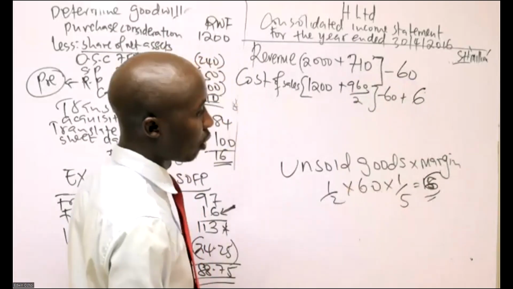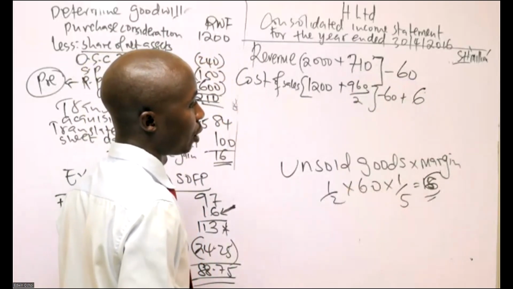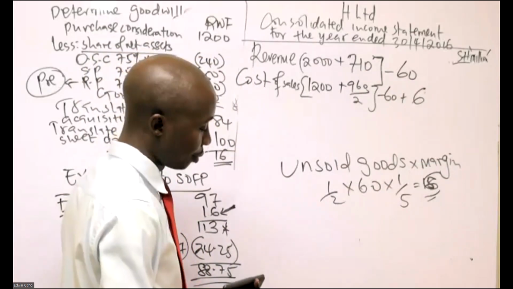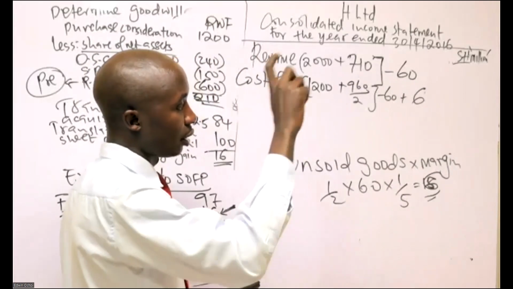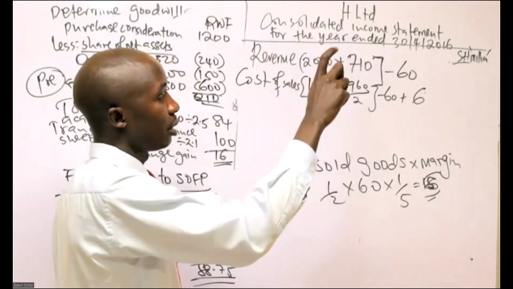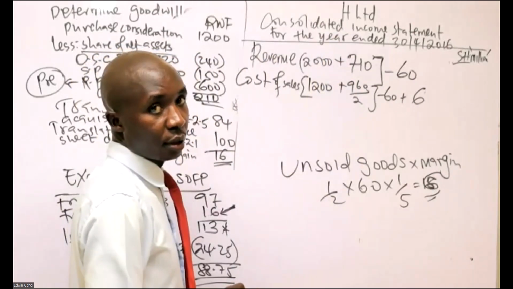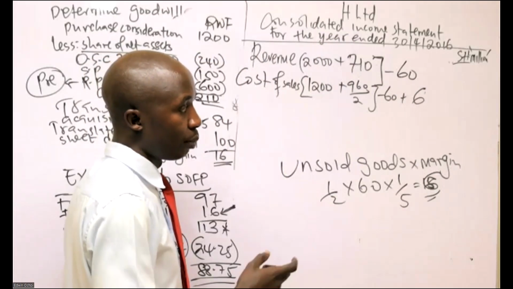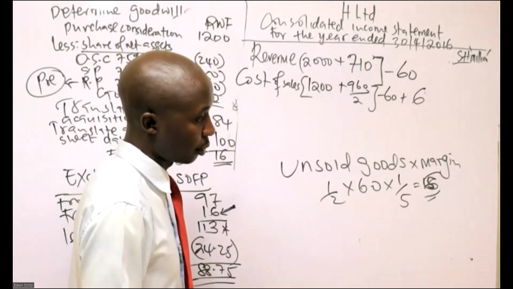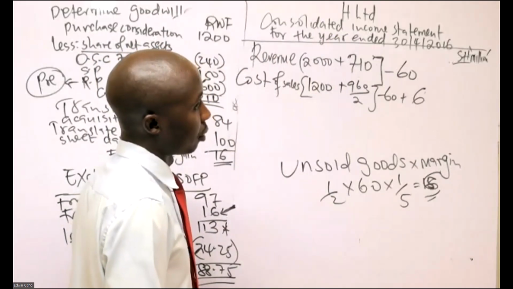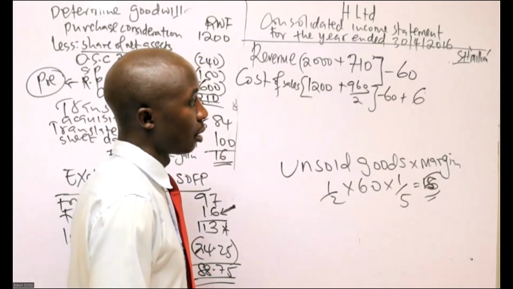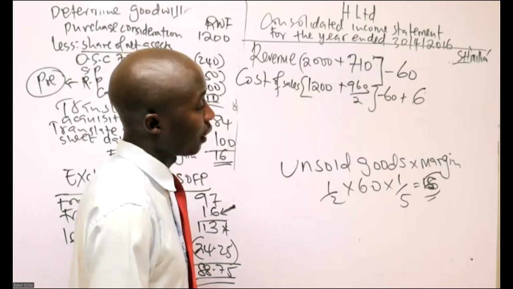So depreciation overcharge or undercharge is what you adjust there, but we don't have it. Undercharge is due to revaluation. You take your revaluation gain times the depreciation rate, or you divide the revaluation gain by the remaining useful life. Depreciation overcharge is due to the sale of fixed assets, whereby first you need to determine the unrealized profit on fixed assets, and you go ahead to compute the depreciation overcharge.